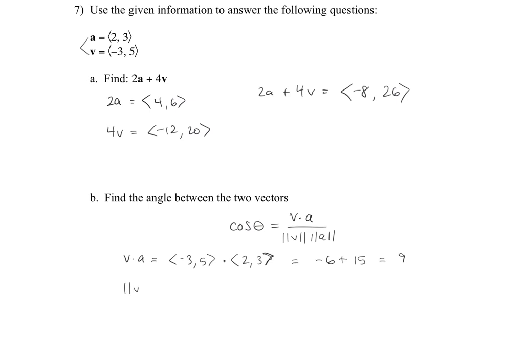And then the magnitude of V is the square root of 34. The magnitude of A is the square root of 13.